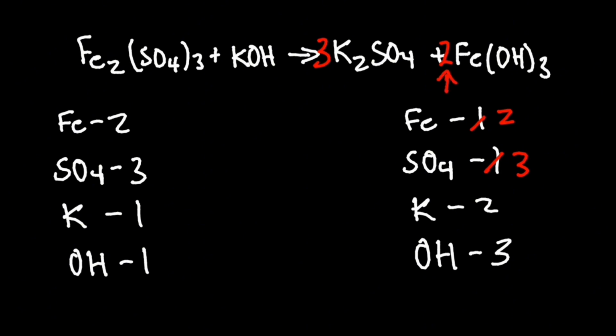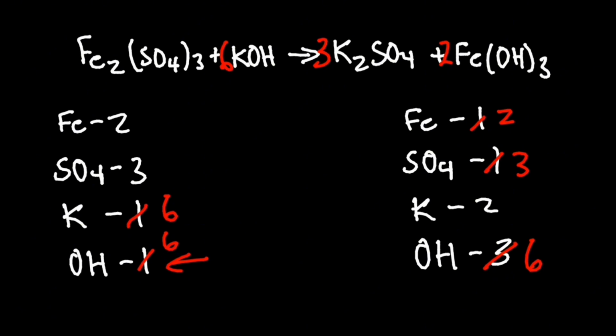Putting the 2 over here changes the hydroxides to six groups of them. So now if we want to balance it on this side, we have to put a coefficient of 6 there. So now we have 6 on this side, and it also changes potassium, so now that we have 6 on this side.